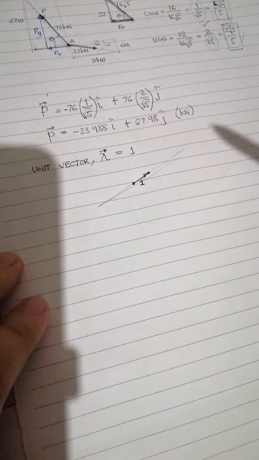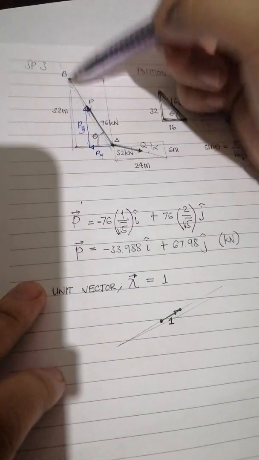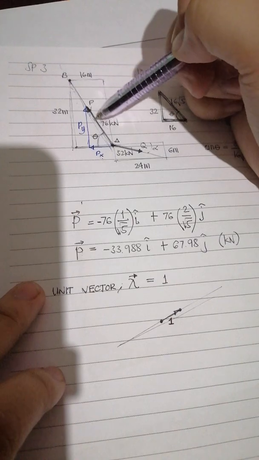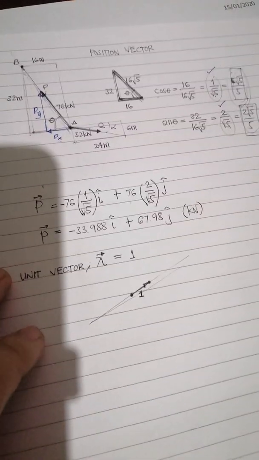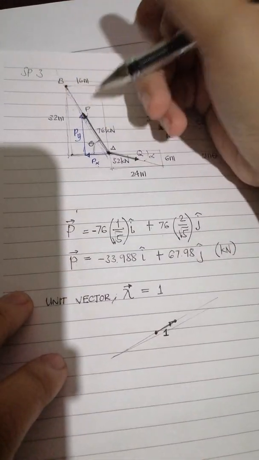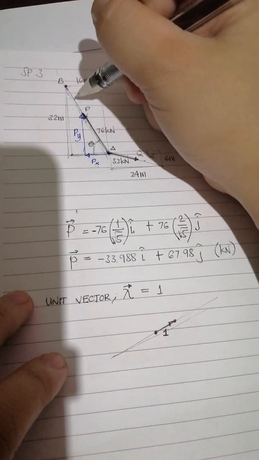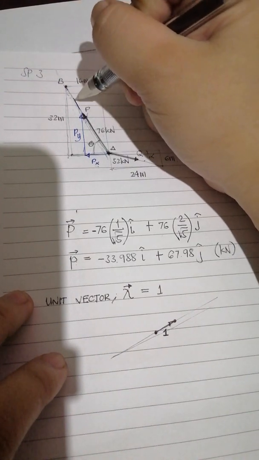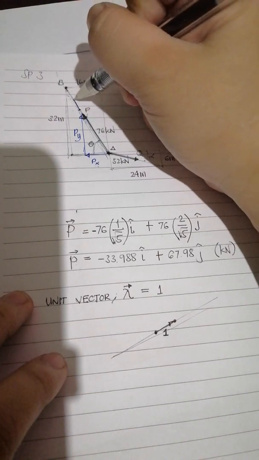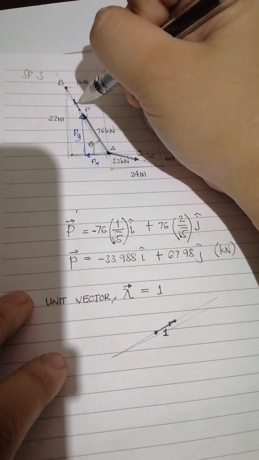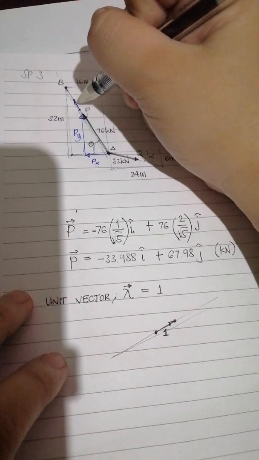Now, in here, we use the unit vector wherein along P, or along the line of action of P, we only get a unit of 1.